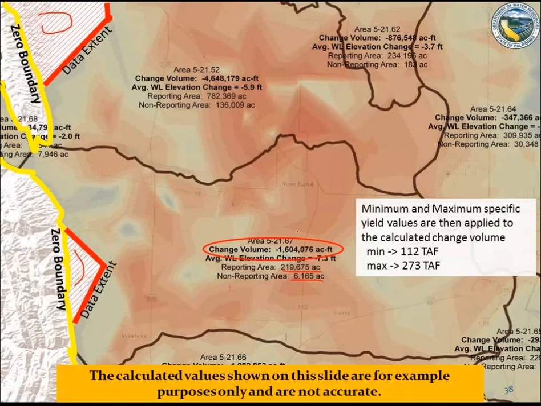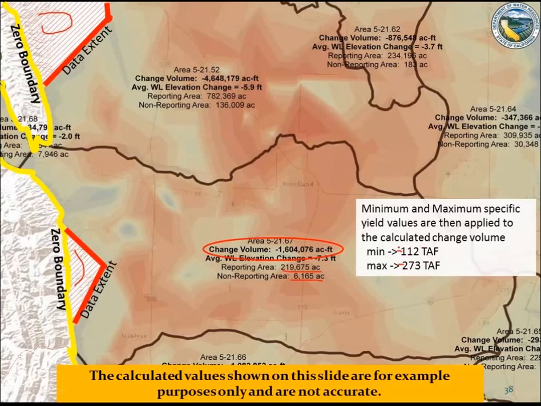And then in a separate table, we can take this change volume and multiply it by our min and max storage coefficient to come up with this value here. So for this subbasin, in the reporting area, we have a minimum change volume of negative 112,000 acre-feet and negative 273,000 acre-feet.